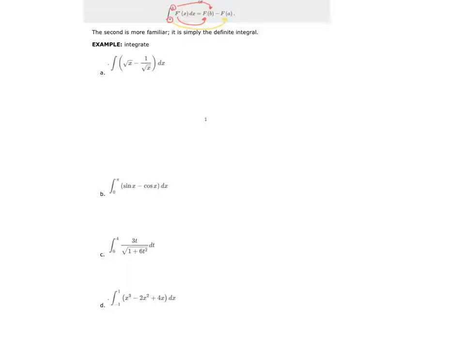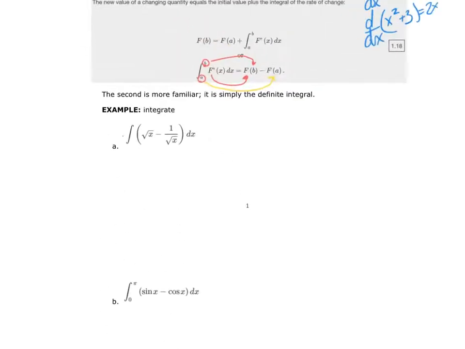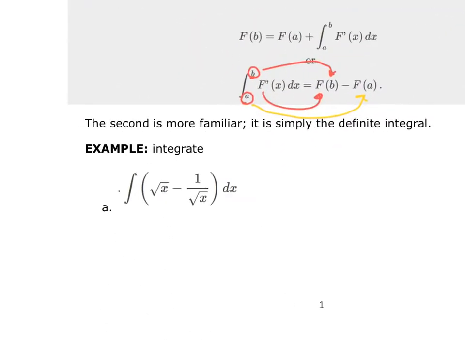The indefinite integral. Okay, so I'm going to go ahead and do this A. To make my life easy, whenever I see radicals, I'm going to rewrite the radicals in exponential form so that I know easily how to do the integration.